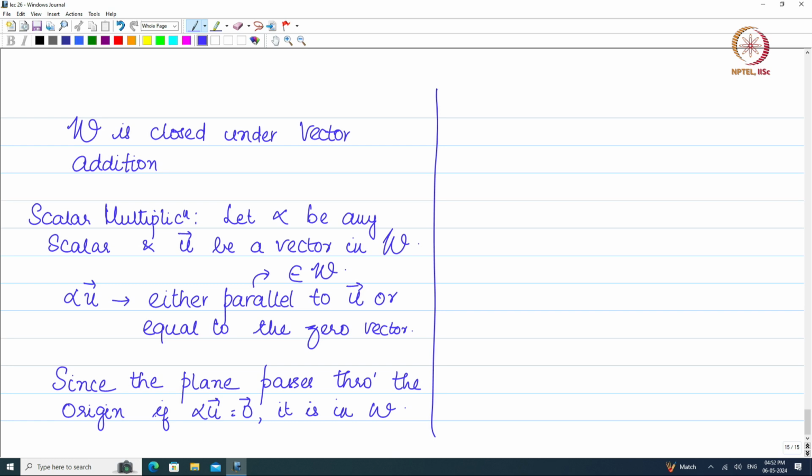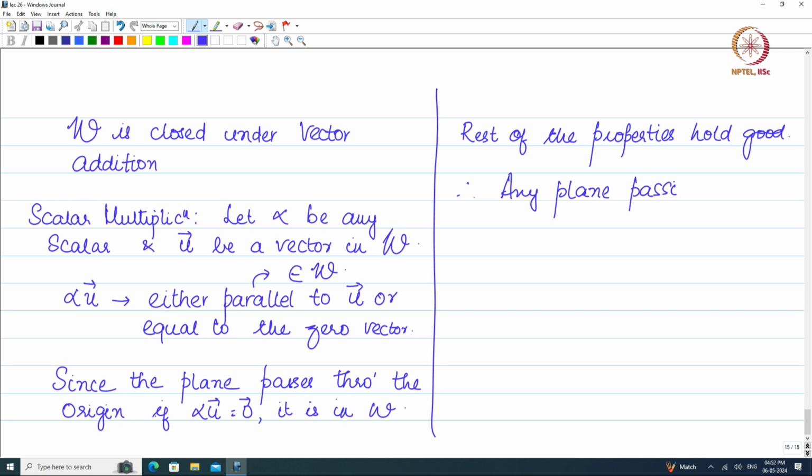We can look at all the other properties, and we can see that the rest of the properties also hold good. Therefore, any plane passing through the origin in R3 is a vector space.